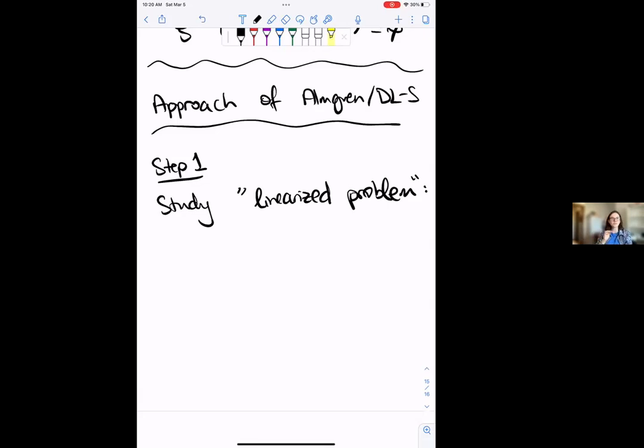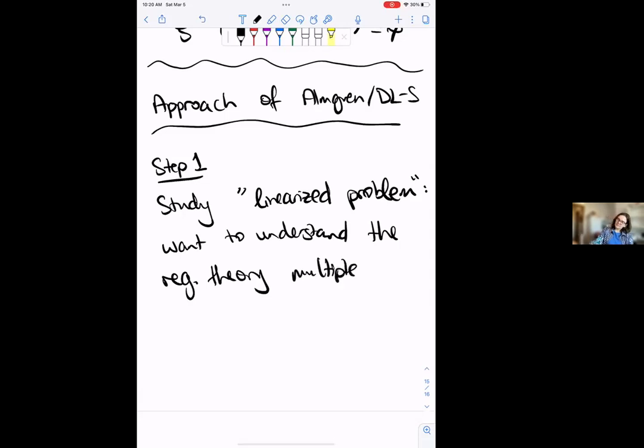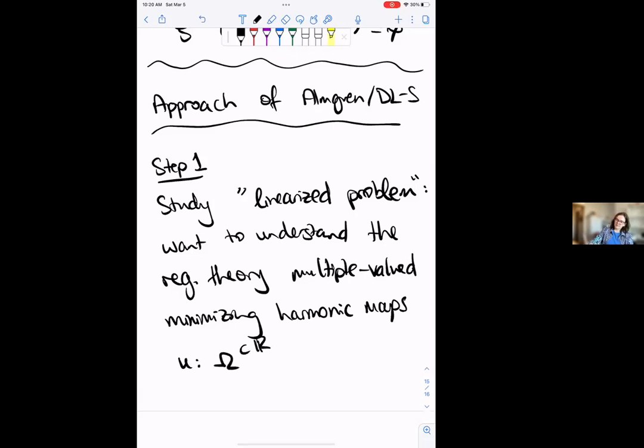This corresponds to wanting to understand the regularity theory of what are known as multiple valued minimizing harmonic maps. So what are these, and why are these the objects you want to study? They are defined on some open subset of R^m, say, and they take values in this weird Q-valued space.